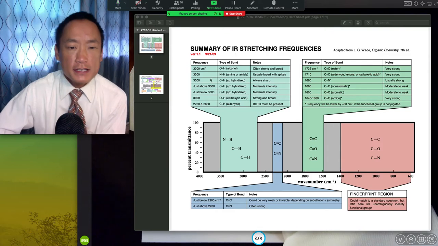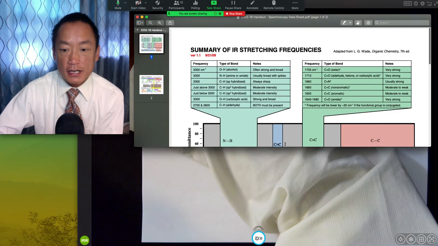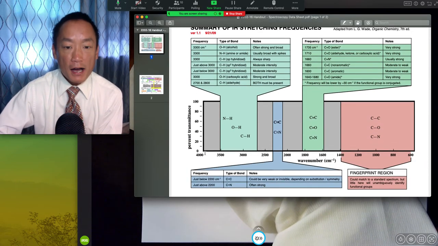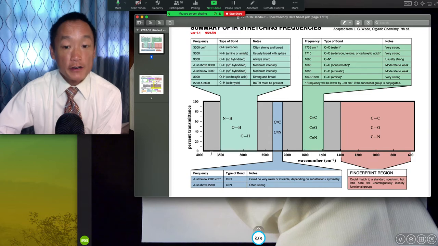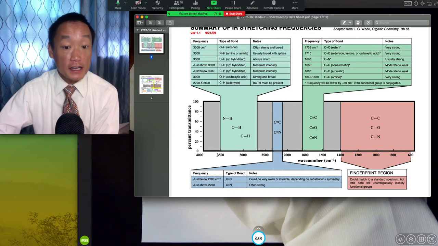But what this is a representation of the different types of bonds that could be found in molecules, and where those bonds are tuned to absorb wavelengths of light at a certain wavelength.